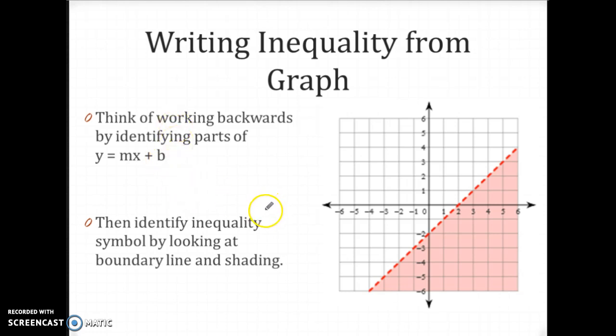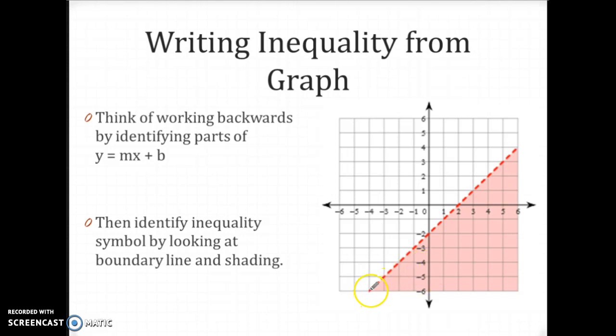Once we have our general equation set up, then we need to identify what type of inequality we're going to use based on the shading, the position of the shading, and if it's a solid line or a dashed line. So right away from this graph, I know I can set it up as a less than inequality symbol.